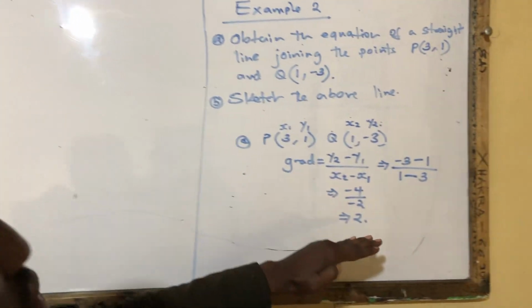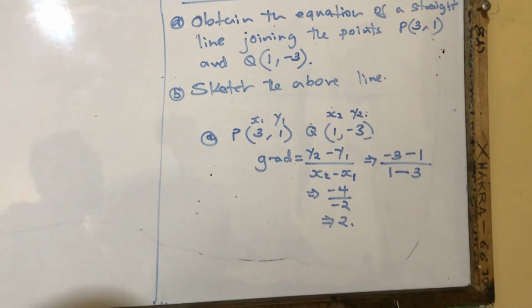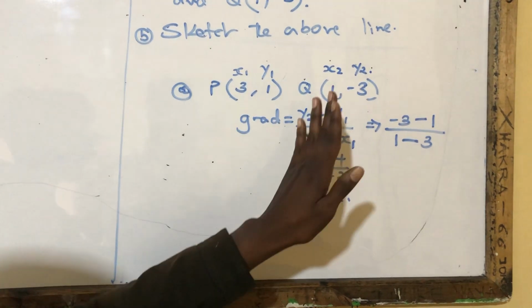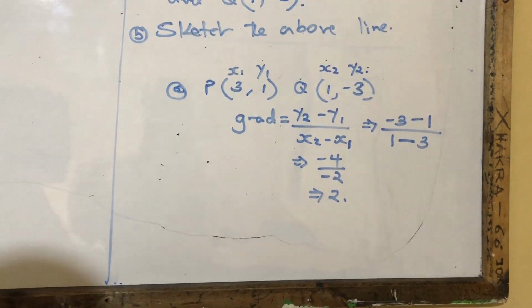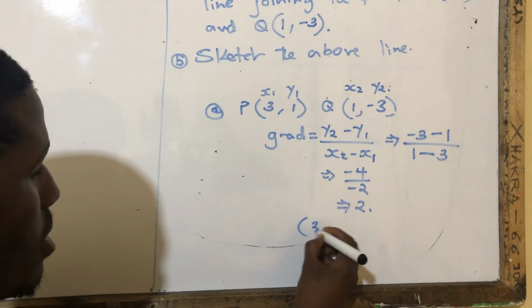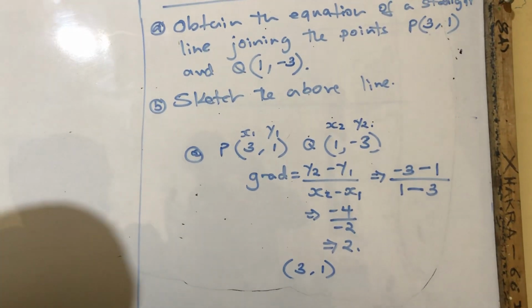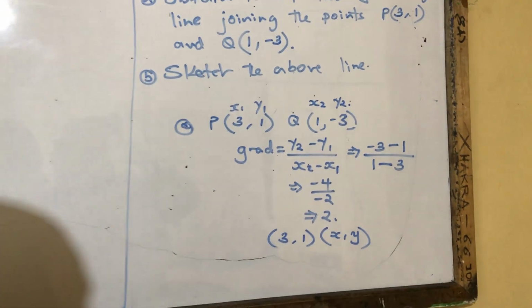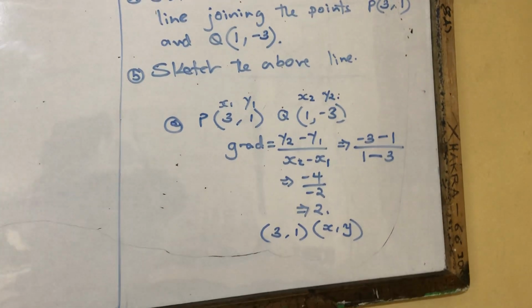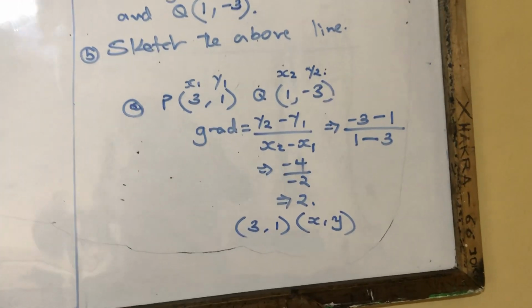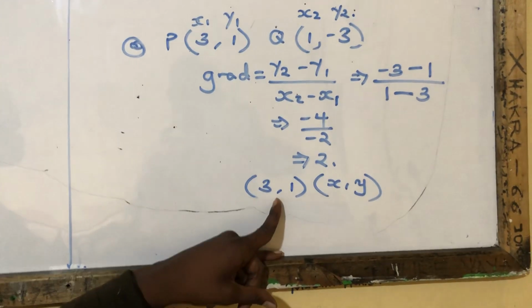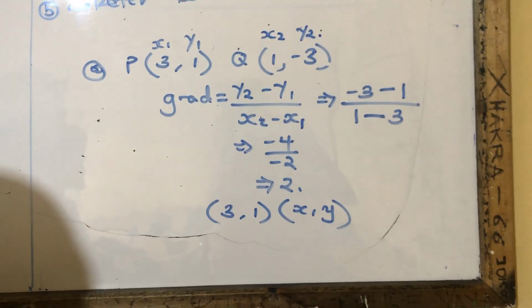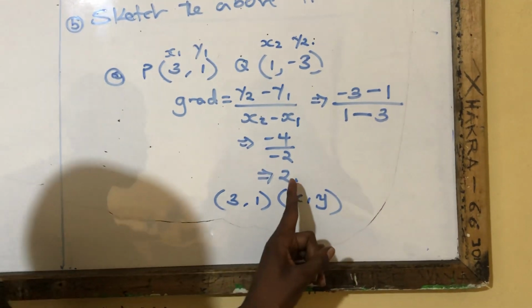In order to obtain the equation of this line, the student is required to pick any of these two points. The choice will be yours. Should you go for the point (3, 1), it will be accompanied by a pair of variables x and y. Like I mentioned, we are going to make it look like we are looking for the gradient, but ideally, we are not looking for the gradient because we already have it.